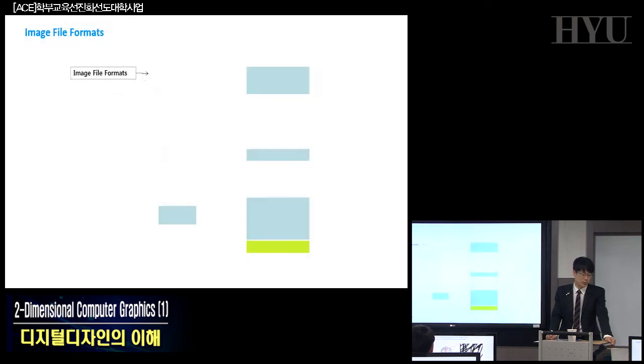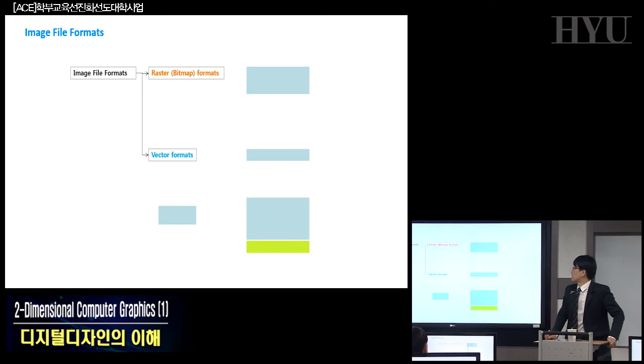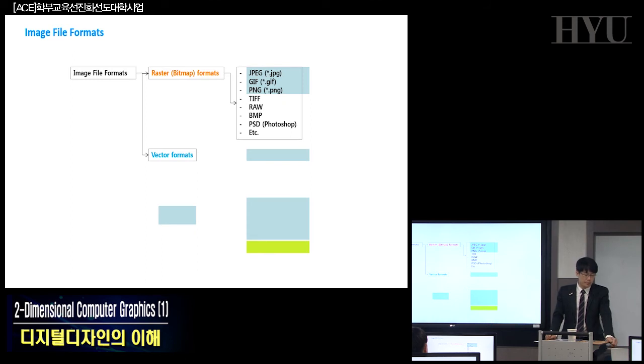That's my recommendation. Here I list some image file formats. As you know, there are two different types, raster or bitmap formats and vector formats. Among the raster formats, the famous JPG, GIF, and PNG images are here.